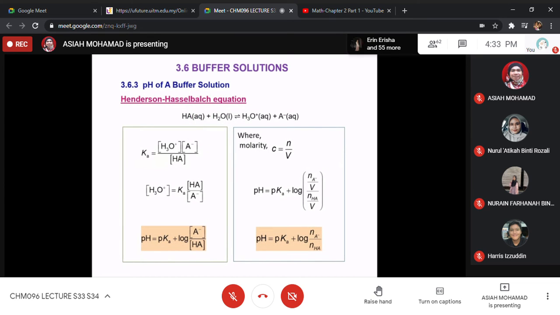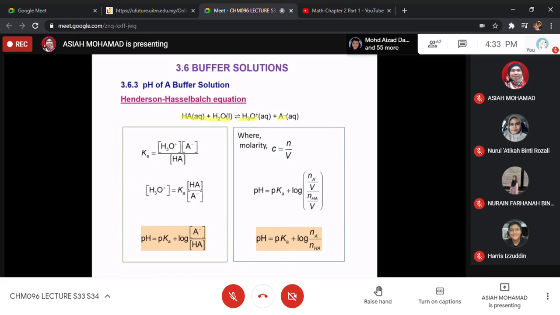Now let us look at how to derive the Henderson-Hasselbalch equation. Let us start with the chemical equation for an acidic buffer solution containing a weak acid. When you add it in liquid water, it will produce hydronium ion plus the conjugate base.